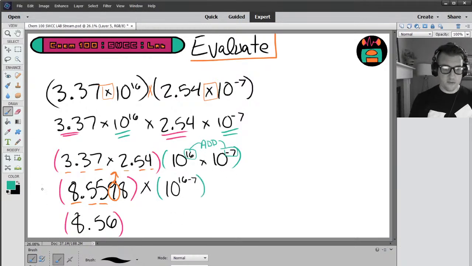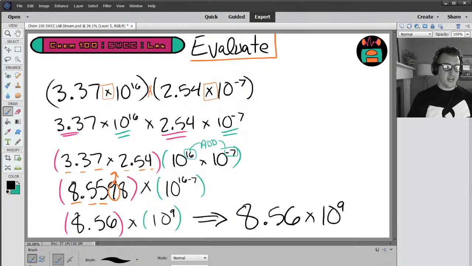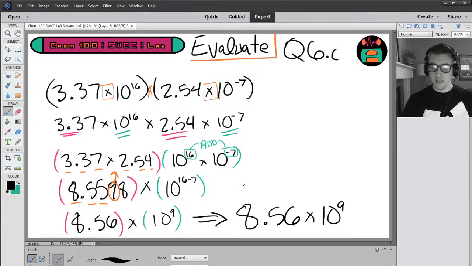When you subtract 7 from 16, you get 9. So this is times 10 to the 9th. So our final answer then is 8.56 times 10 to the 9th. And that is an example that is similar to question 6, part C. I changed the numbers, but it's the same style of problem. We have a positive exponent, a negative exponent, and multiplication all the way through.